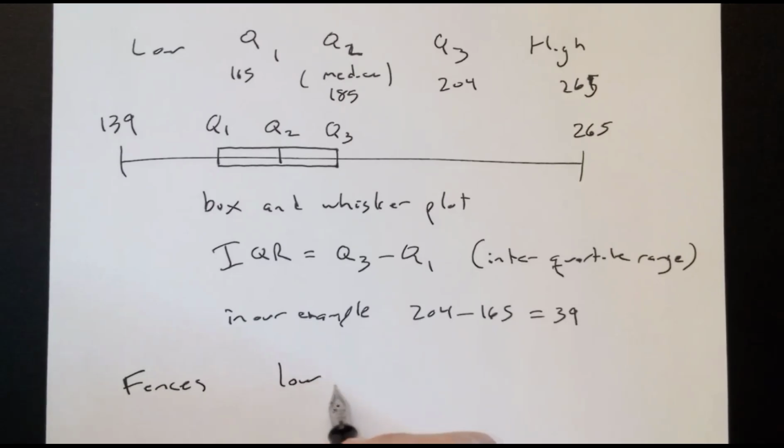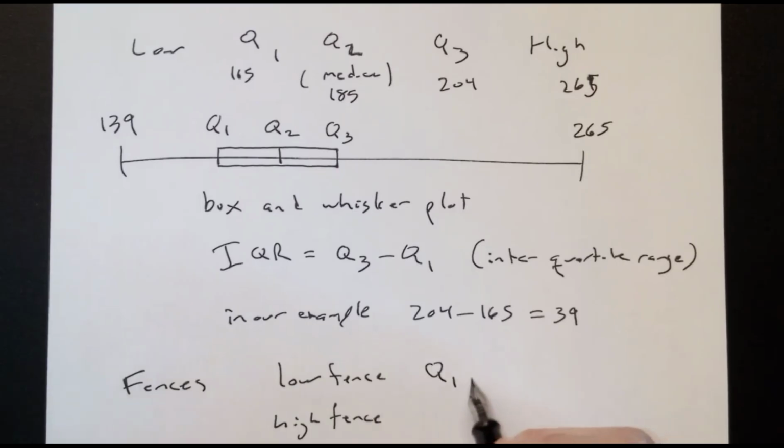We have a low fence, and we have a high fence. The low fence is Q1 minus 1.5 times that interquartile range. And the high fence is Q3 plus 1.5 times the interquartile range.